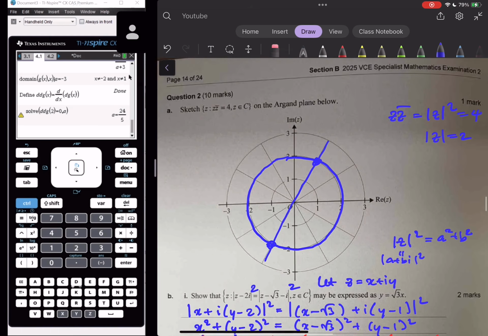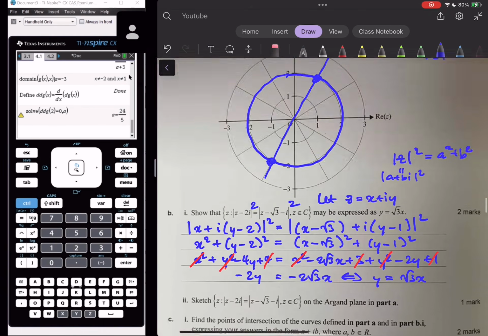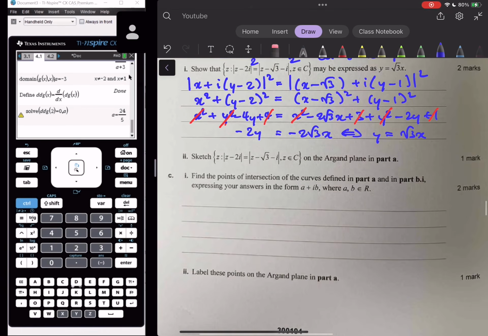And well, the points are just going to be plus or minus 2 cis pi on 3. So that's going to be plus or minus 2 times, what's cis of pi on 3? That's a half plus i times root 3 on 2. So that's going to be plus or minus (1 plus i times root 3).